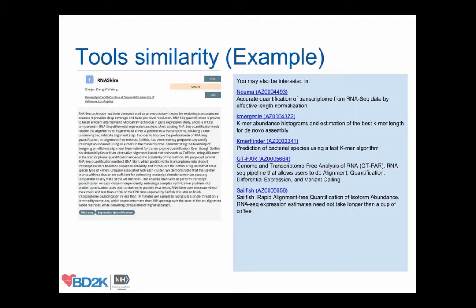For the similarity search, we apply the TextRank algorithm to tools. Now, instead of using each word as a node in the graph, each tool becomes a node. Then we use a similar algorithm to determine how relevant each tool is. For example, you search RNA-seq, and on the right-hand side would be the answer.